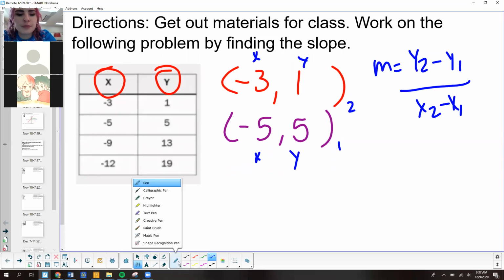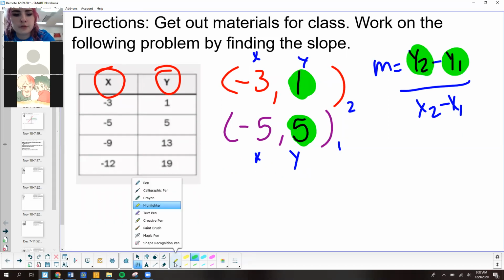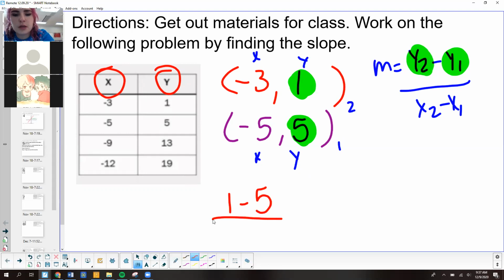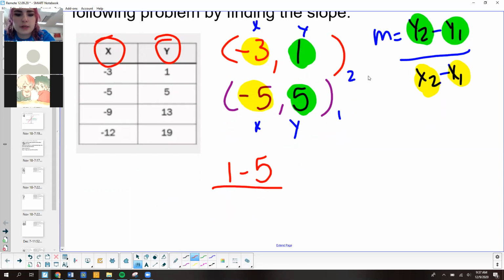So we're going to do the same thing like we normally do. I'm going to take my y2 value, so 1, minus my y1 value. So I'm going to take 1 minus 5. And then I'm going to take my x2 value minus my x1 value, so -3 minus a -5.